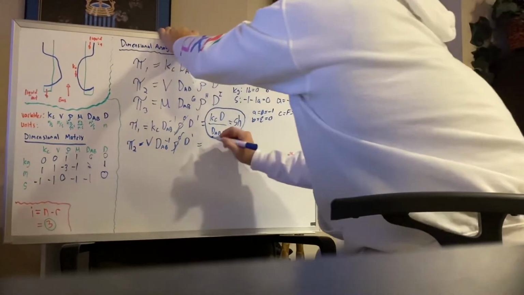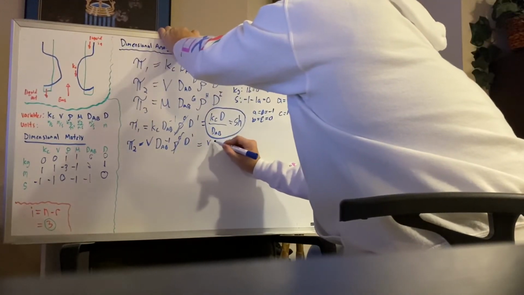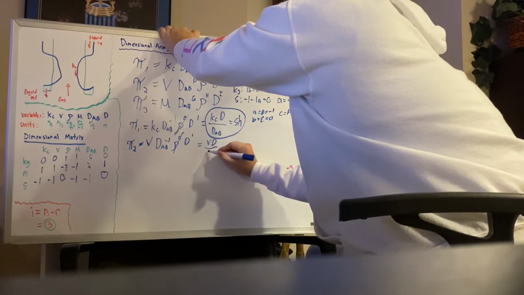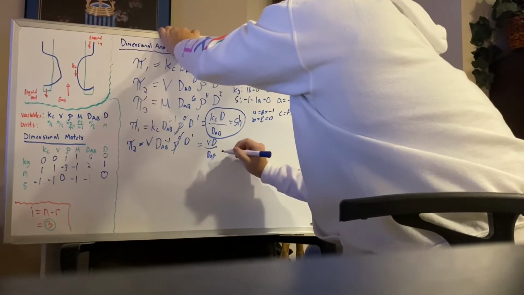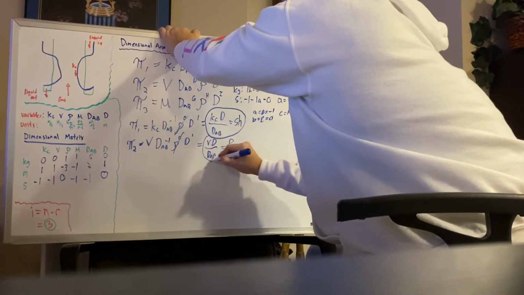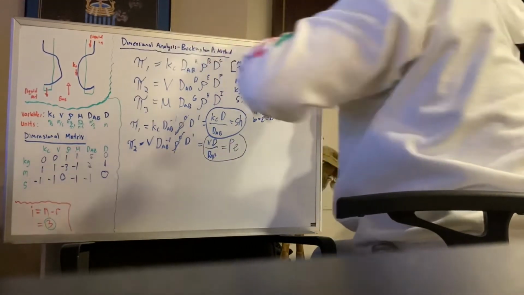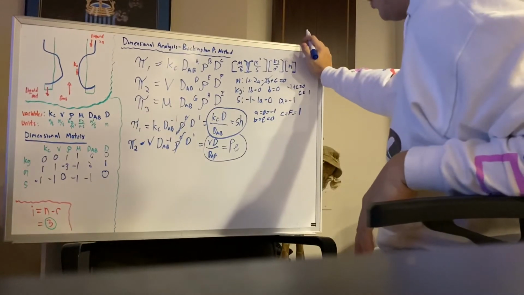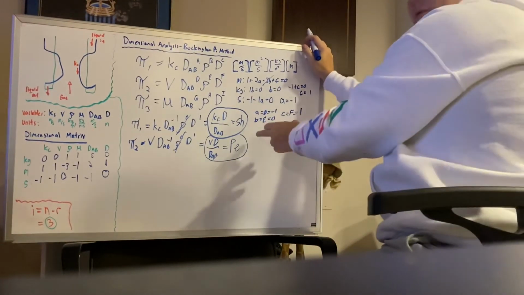And so this will pretty much be the exact same thing with velocity, diameter, mass diffusivity constant A to B. And this is your Peclet number. That is going to be equal to pi2. And really, we got pi1, we got pi2.